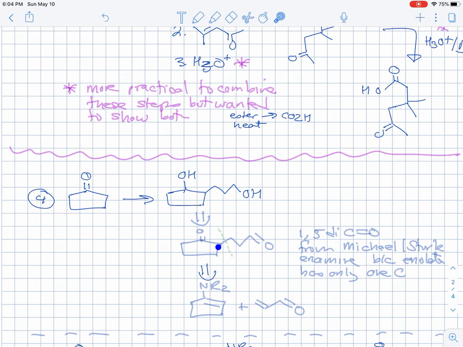And we know that because, again, we have a 1, 2, 3, 4, 5 dicarbonyl. And since our starting compound that's going to be the nucleophile only has 1 carbonyl, again, we're stuck with a Stork enamine because the enolate only has 1 carbonyl.